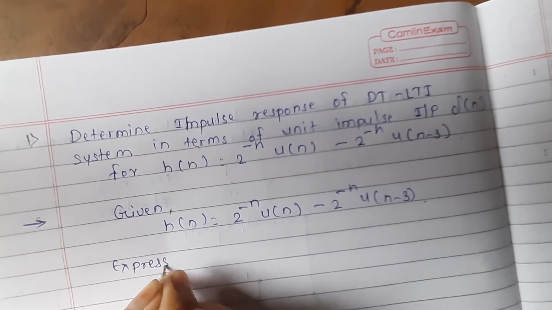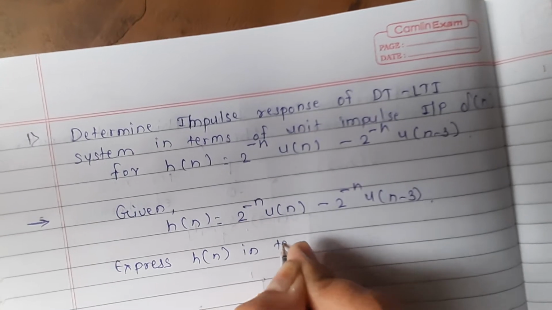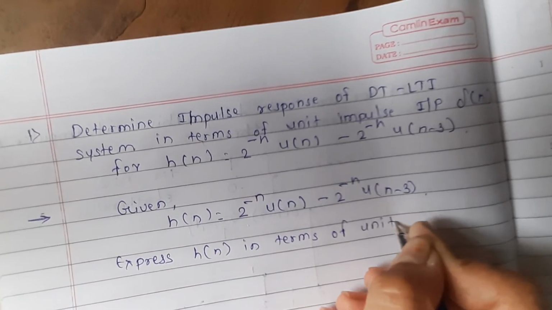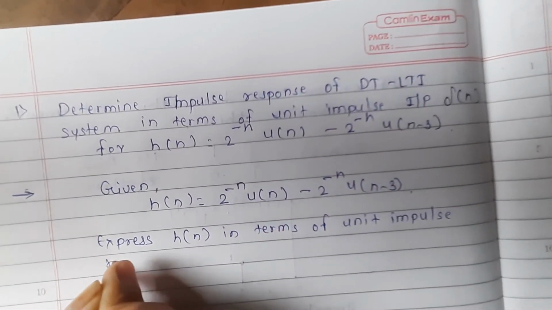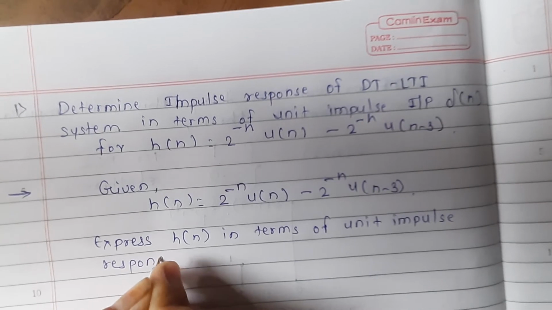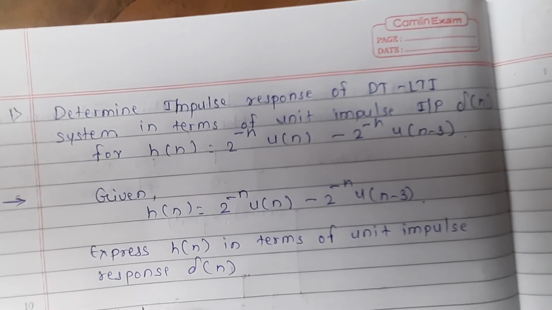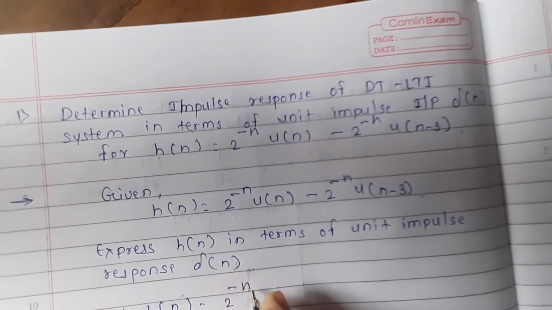So we write here: express h of n in terms of unit impulse response, unit impulse response delta of n. So h of n is equal to 2 raised to minus n.